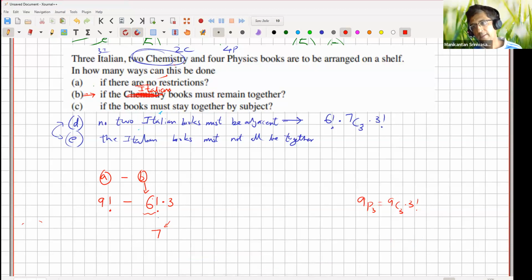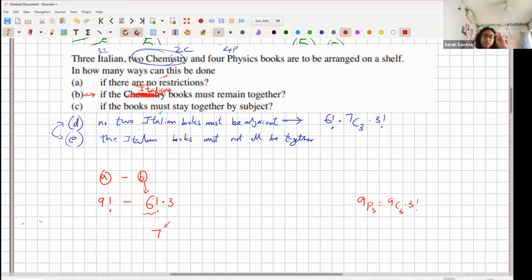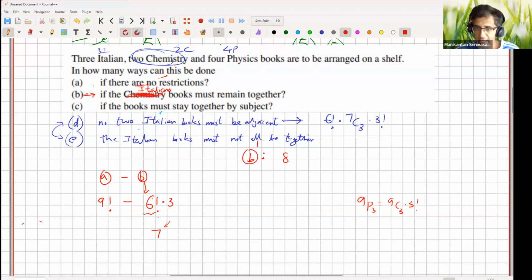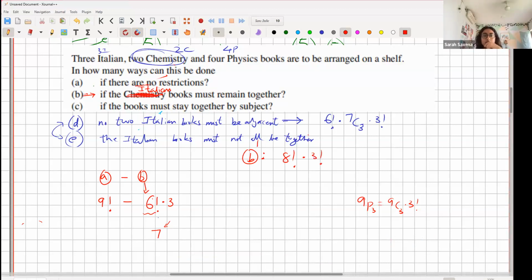I think it'll be 8 factorial into 3 factorial. One second, I'll write your answer. So for part B, you're saying it's 8 factorial times 3 factorial. Explain your answer. Okay, wait, I think it's 7 factorial into 3 factorial.